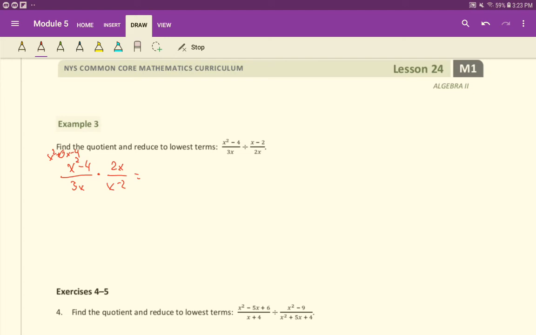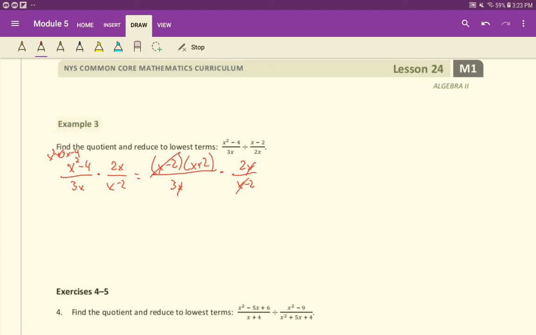Hopefully you took the chance there to pause the video and factor, because we're going to then use that and get x minus 2 times x plus 2 over 3x, and we'll multiply by 2x over x minus 2. And now what cancels? The x minus 2's cancel.